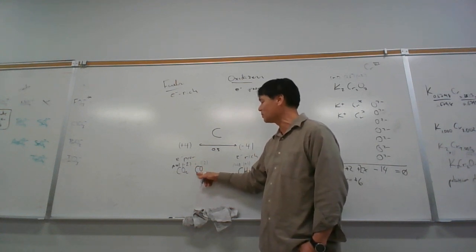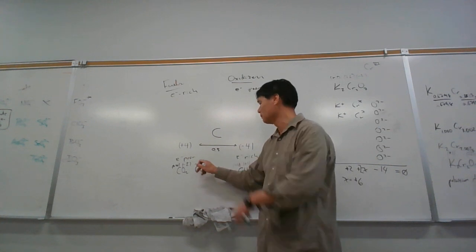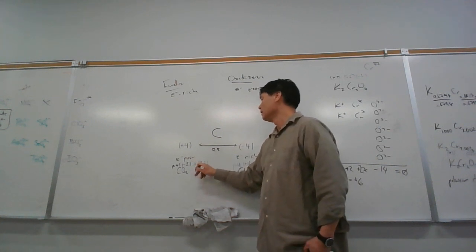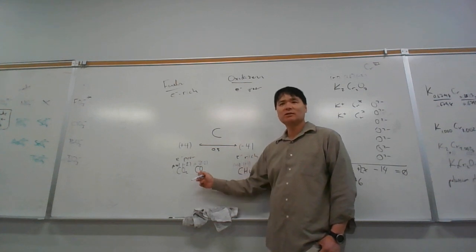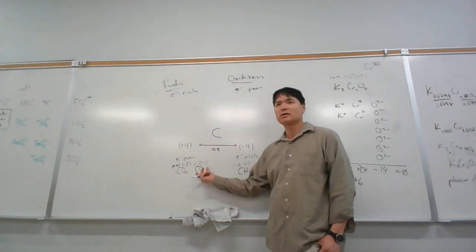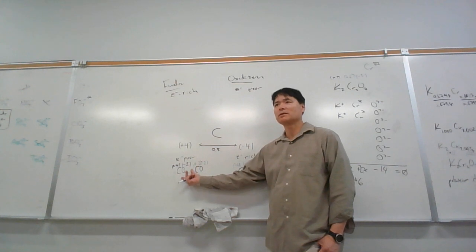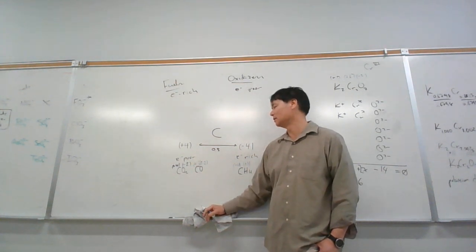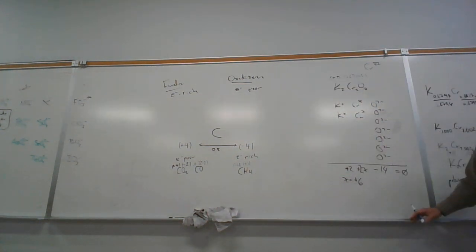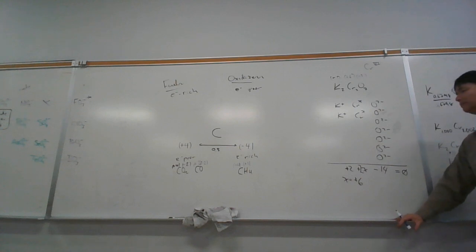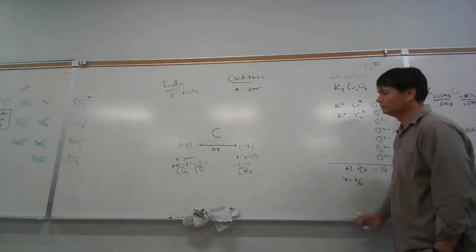That means carbon is +2. So carbon has 2 more electrons it can lose. And so incineration will work for carbon monoxide. It will not work for carbon dioxide, because carbon dioxide is what we call maxed out. It's no longer, just like chromium-6, it's maxed out. And that's it.